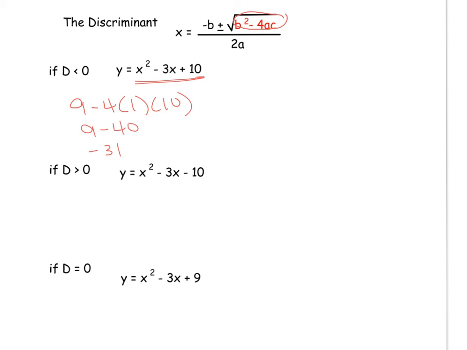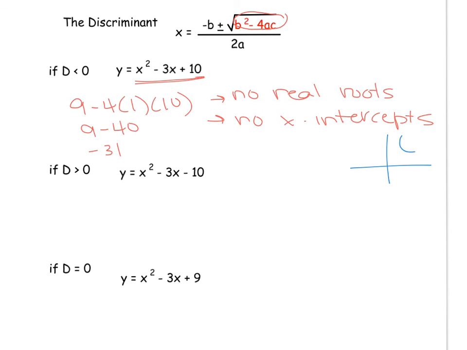That means that I have no real roots, which means I have no x-intercepts. So if you think about what a graph would look like, it might look something like this. The graph of this quadratic is a parabola, it just doesn't cross the x-axis at all.